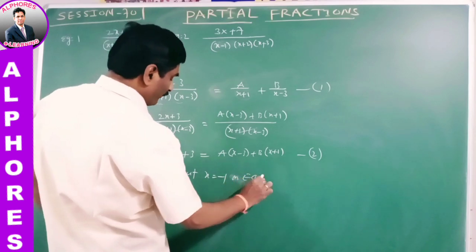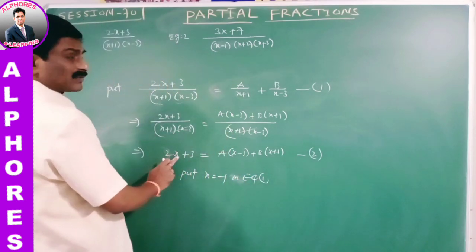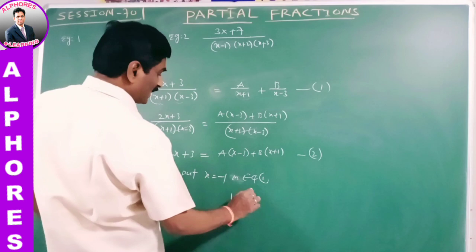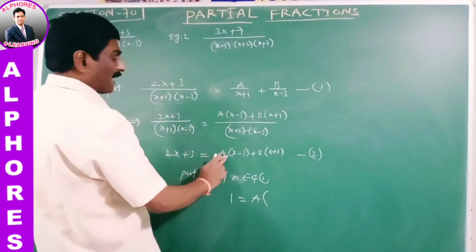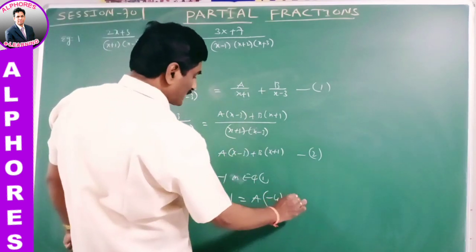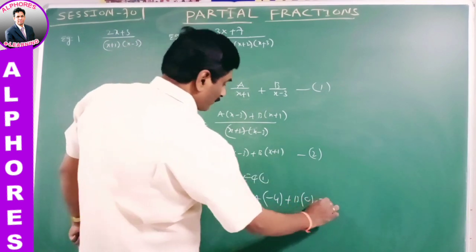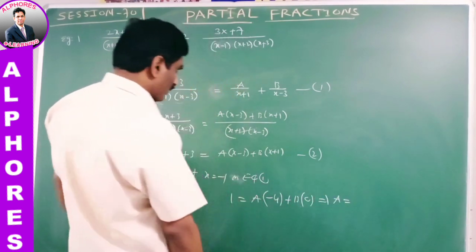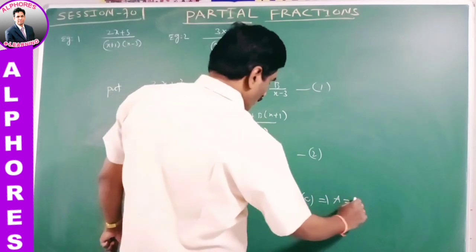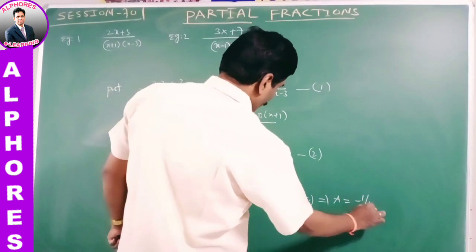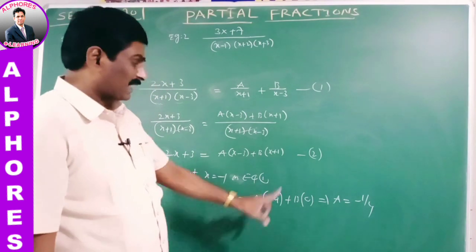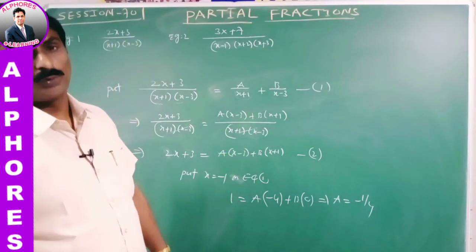Then 2 into minus 1 means minus 2 plus 3, that means 1 is equal to a of minus 1 minus 3, minus 4, plus b of minus 1 plus 1, which is 0. That implies minus 4a is equal to 1, so a is equal to minus 1 by 4.